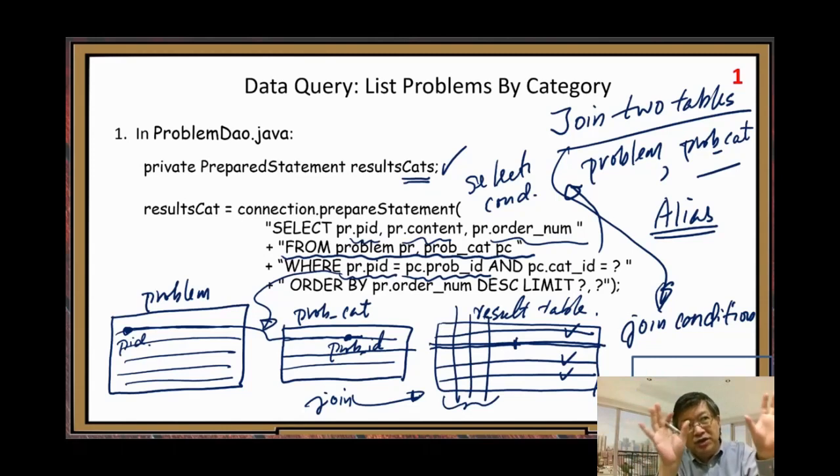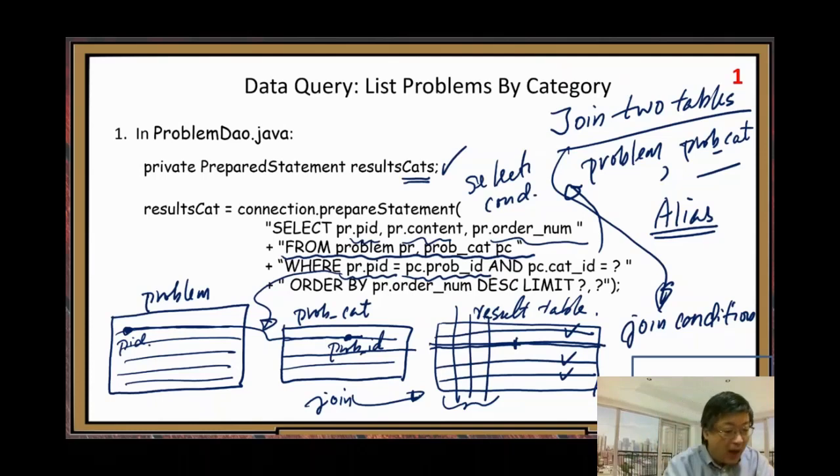In this way, we complete this two-table join operation. I hope this simple explanation can help you understand the structure of this table join operation. Then you will feel comfortable, right? So we get the data we want.